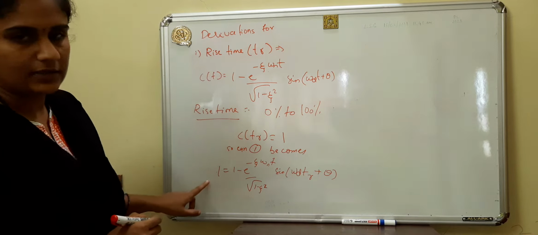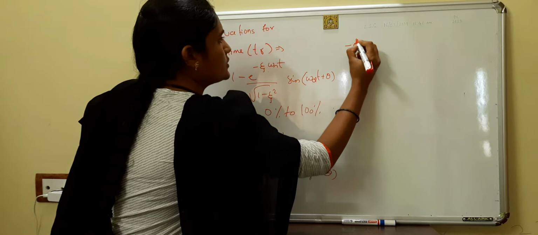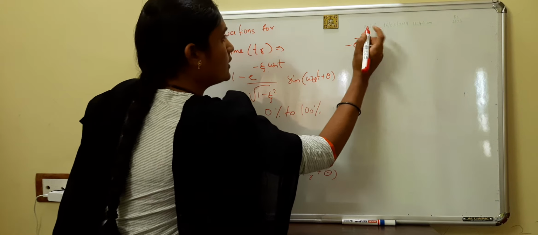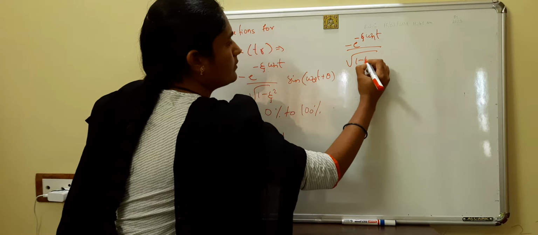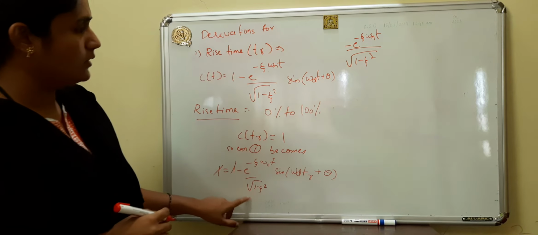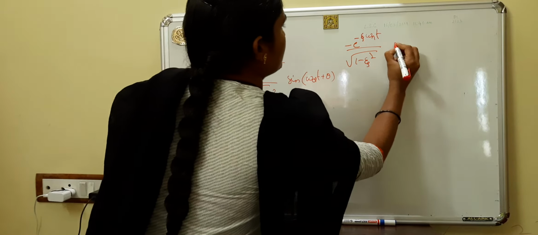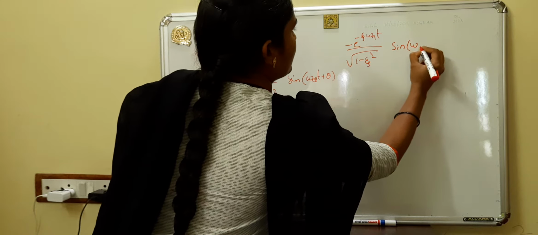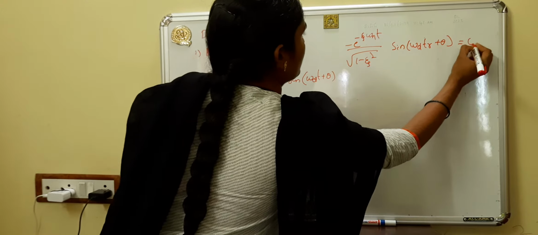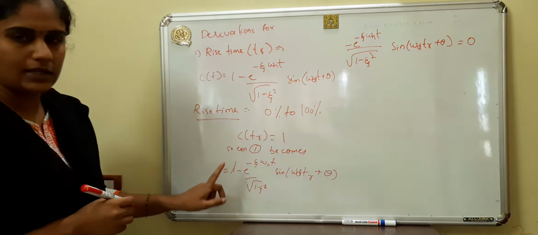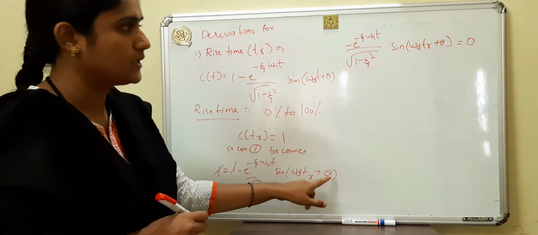This equation becomes like this: the 1 and 1 cancel, so e raised to minus zeta omega n tr divided by square root of 1 minus zeta square times sine of omega d tr plus theta becomes 0.